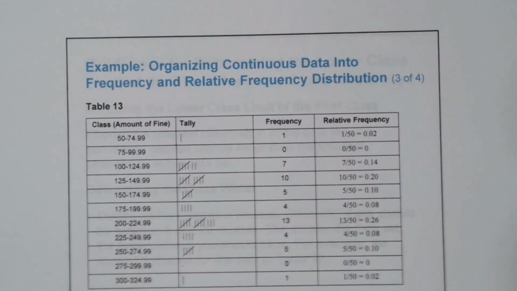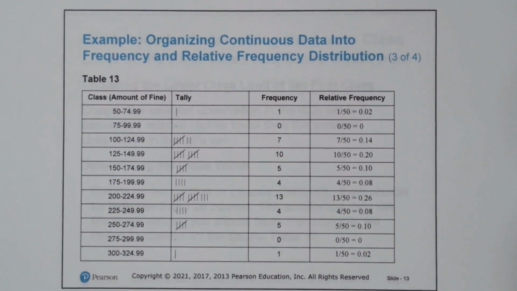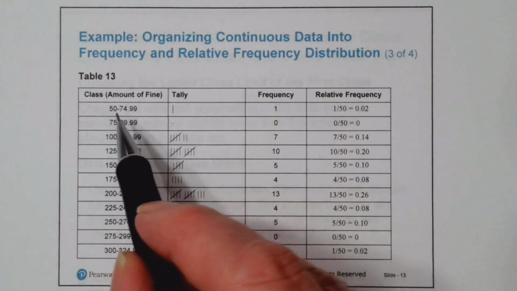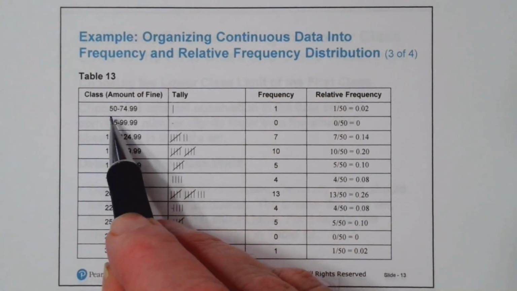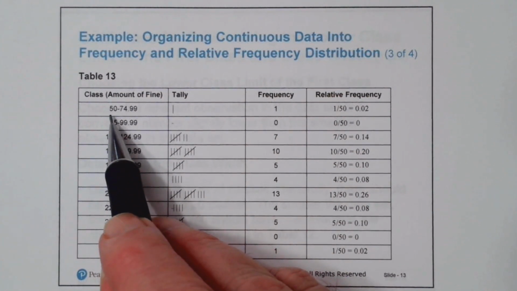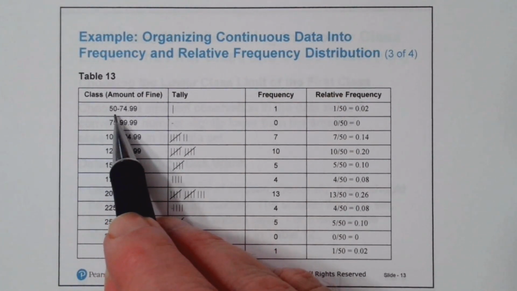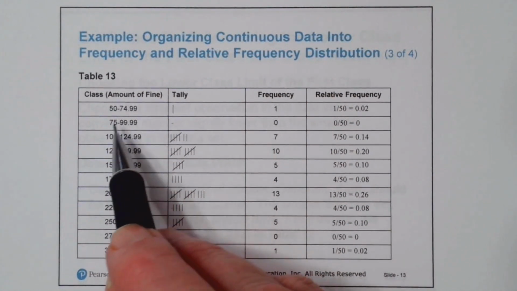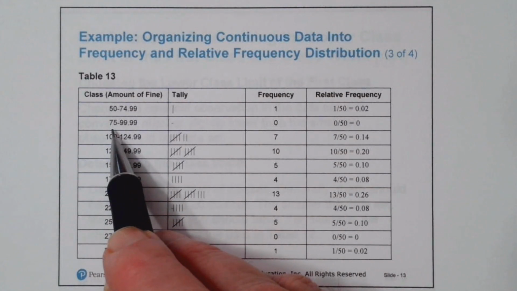And so now, just like we did with discrete data, we can do similar for continuous data. But notice this time we have our classes. So you can see we go from 50 to $74.99 because 1 more cent, because this is all money we're talking about, puts us at $75.